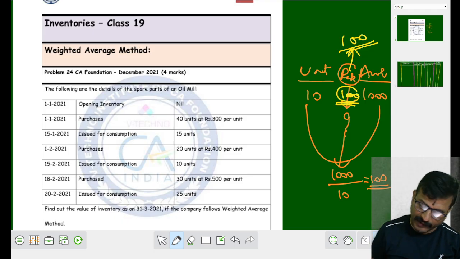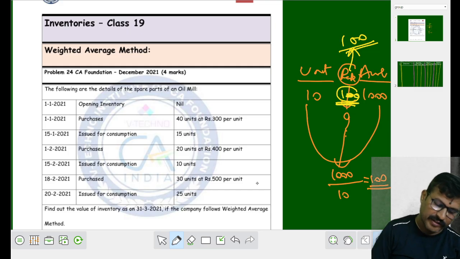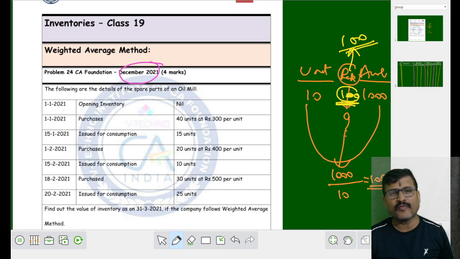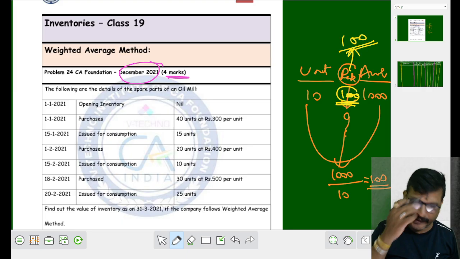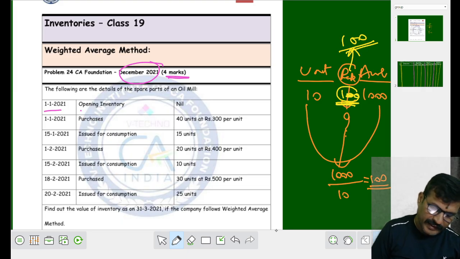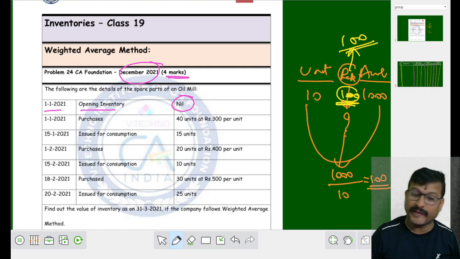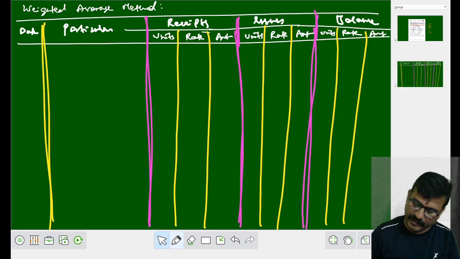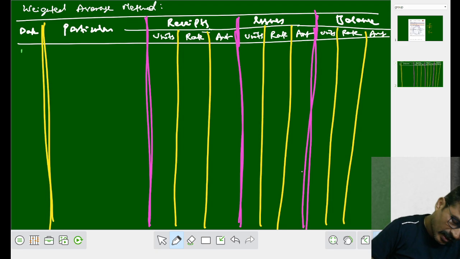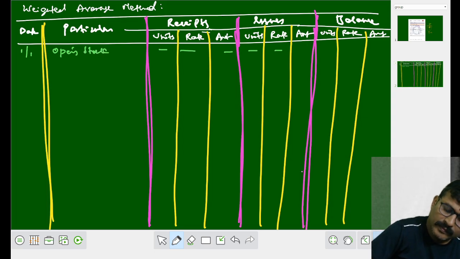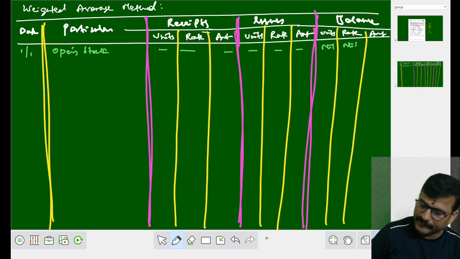See here. This question was asked in CA Foundation December 2021 for 4 marks. On January 1st, there is an opening inventory of nil. So let us write on 1st January, opening stock is nil.